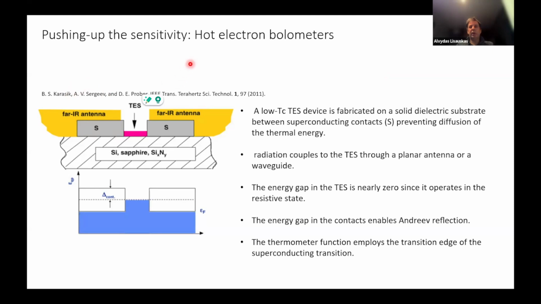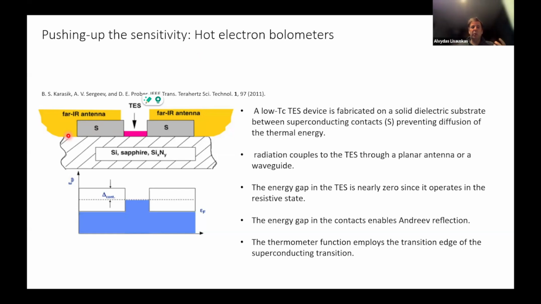It is based on hot electron bolometry. So if one has an NS transition here, you see on the picture, a very important, big question is how do we couple radiation? That is a whole topic. I did not address it in great detail, but this is a far infrared antenna.